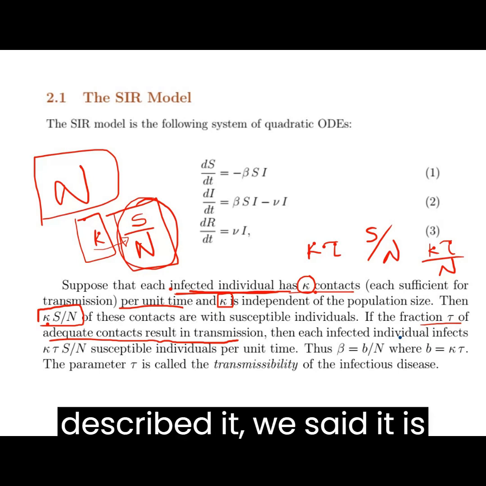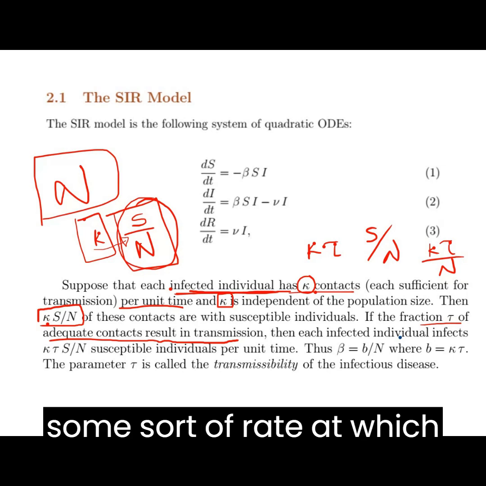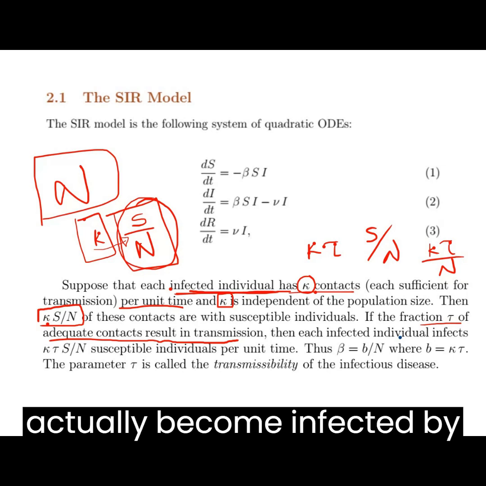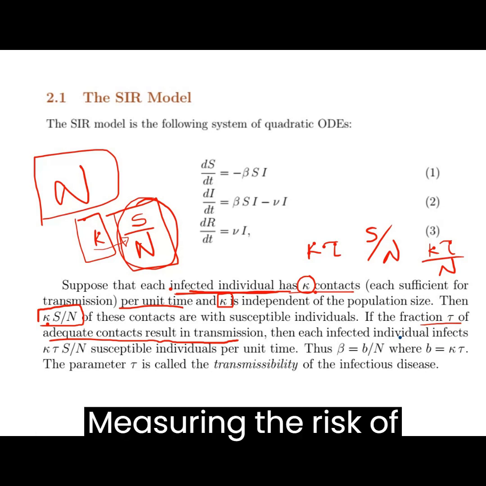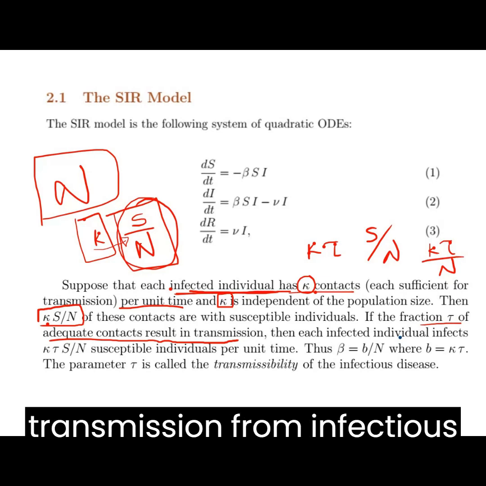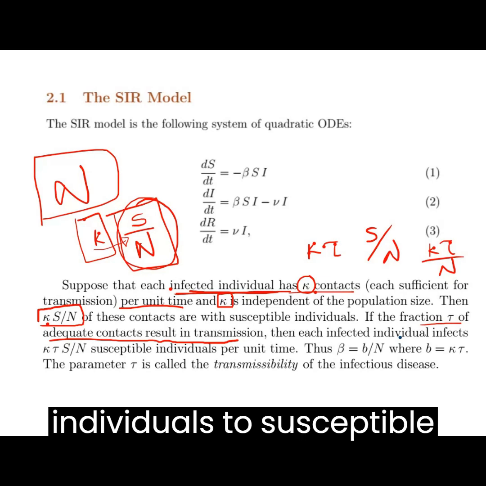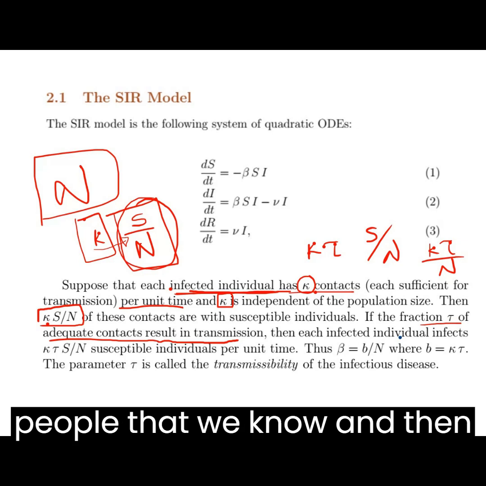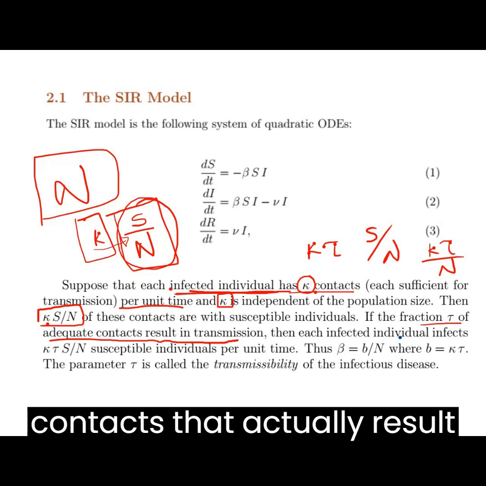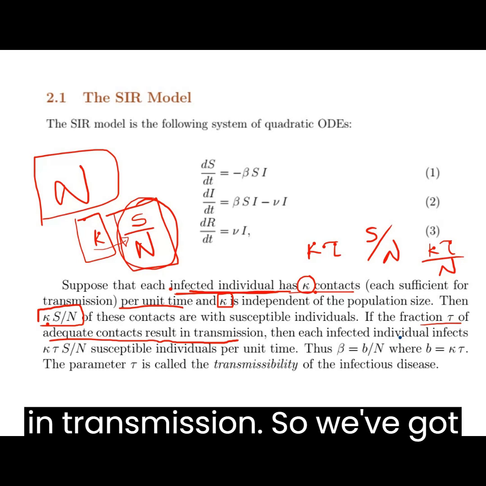And as we have described it, it is the rate at which susceptible individuals actually become infected per unit time, measuring the risk of transmission from infectious individuals to susceptible ones. Remember, we have got people that we know, and then contacts that actually result in transmission.